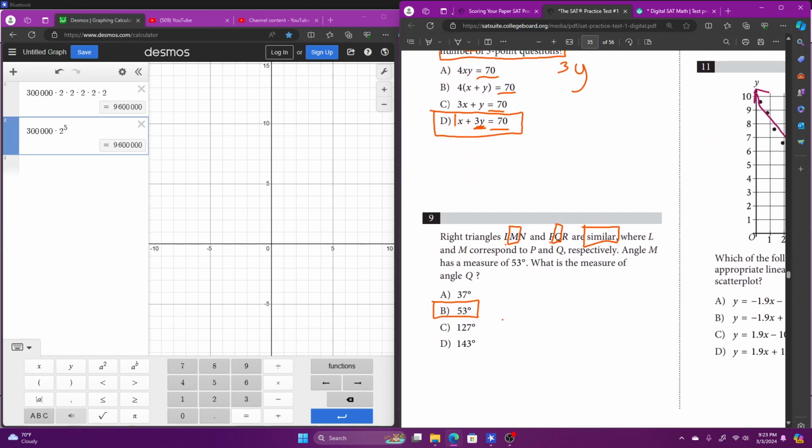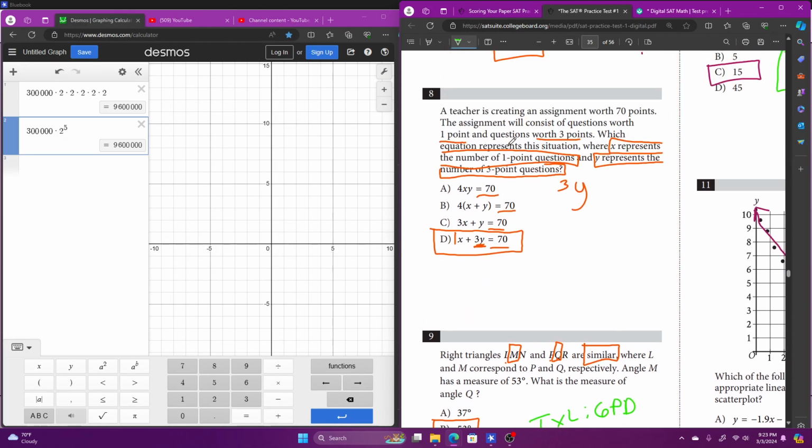Question 9 on IXL, I pick lesson 6PD. Question 8 on IXL, I pick lesson YJT.